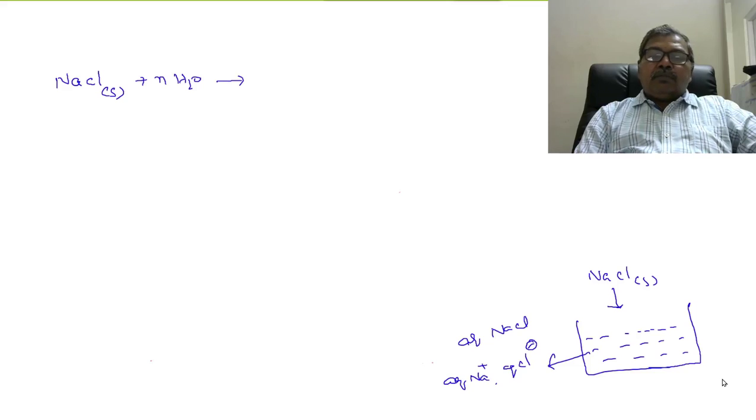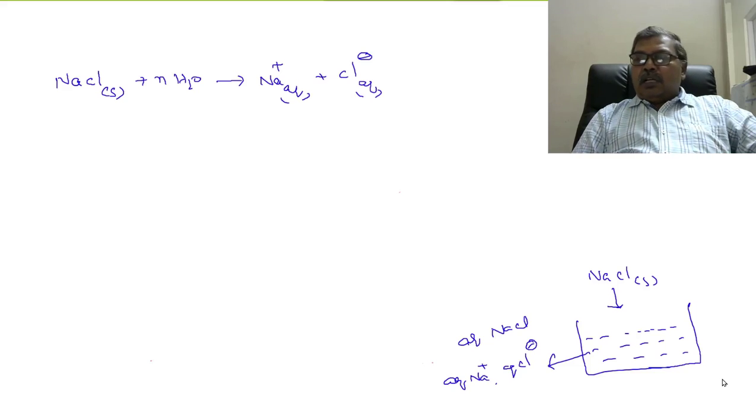Then we will get aqueous Na plus ions and aqueous Cl minus. Right? So here NaCl is dissolved in water, we will get aqueous solution of NaCl, is it not?